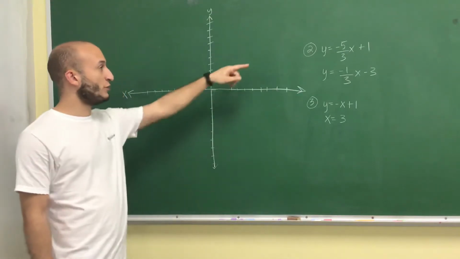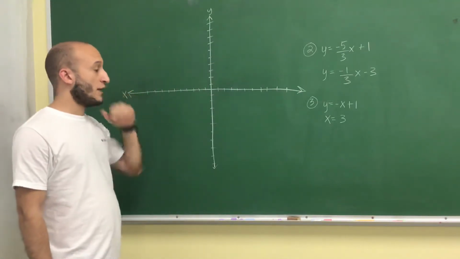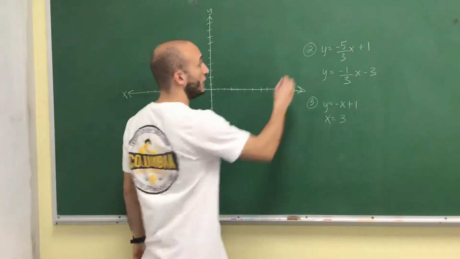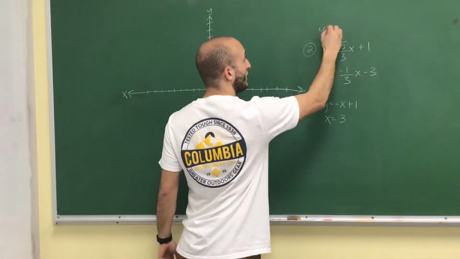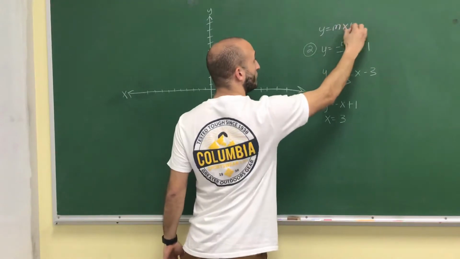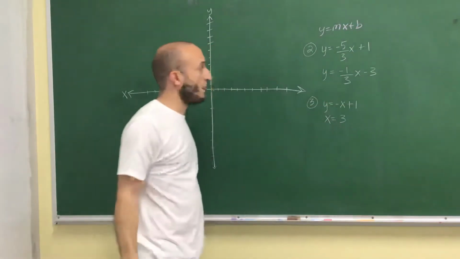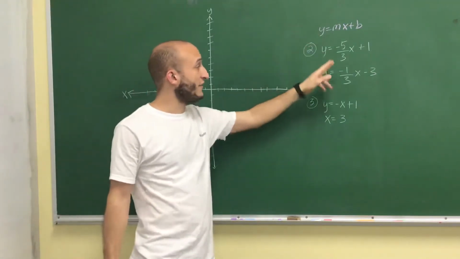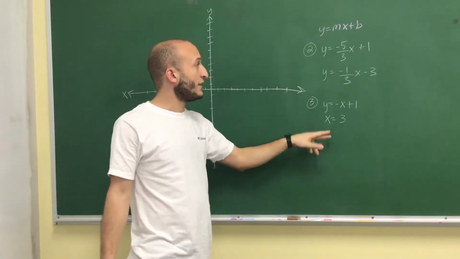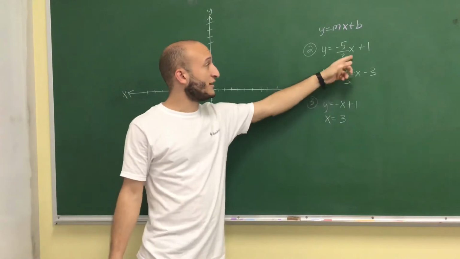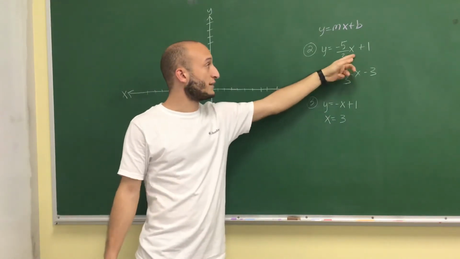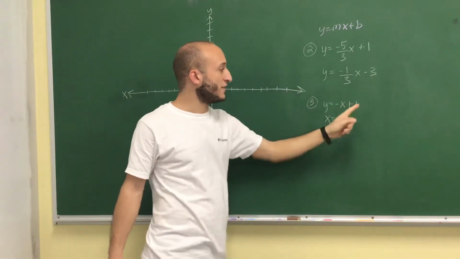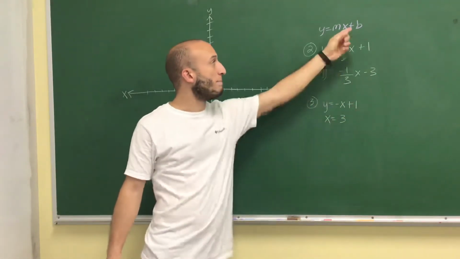So starting with problem number 2, I have to remember that I'm looking at the form y equals mx plus b. Each one of these problems is in this form. The number multiplied right next to the x, the coefficient of x, is your m, and the constant by itself is b.